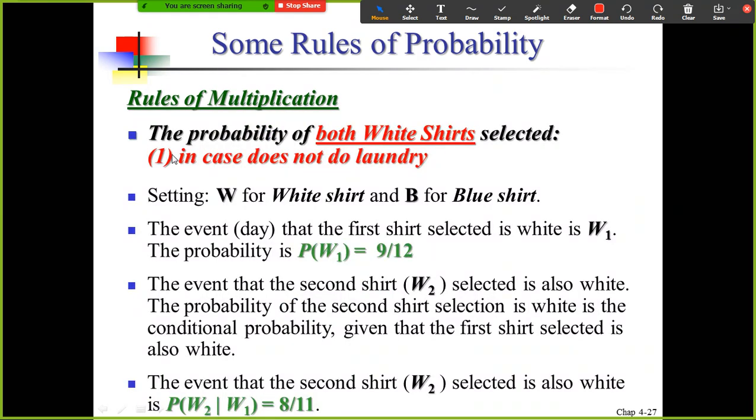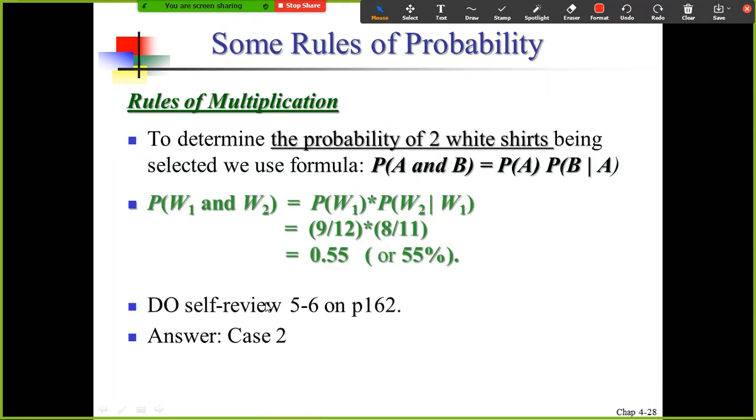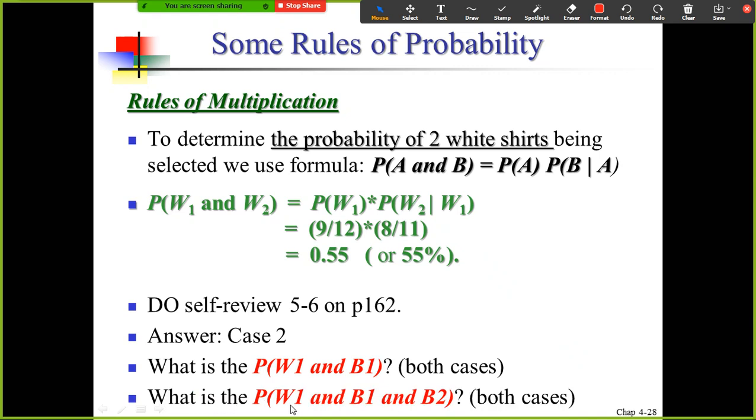And the other one: the probability of W1 and B1 selected for 2 cases, one not laundering and the other laundering. Then the probability of a 3-day play in a row, W1 and B1 and B2, for 2 cases: the first does not do laundry, and the second does.